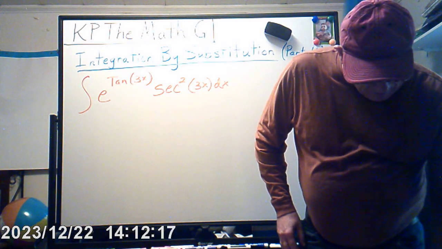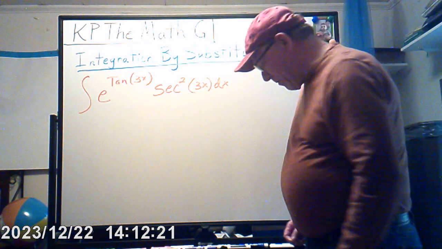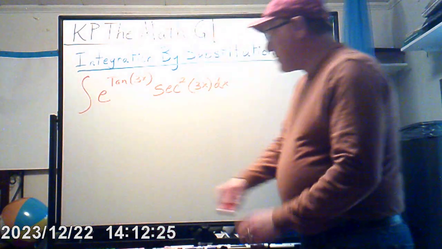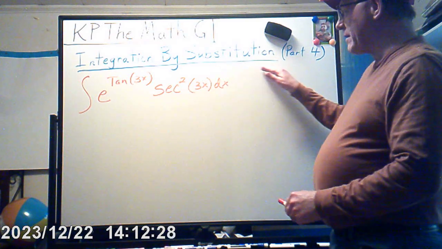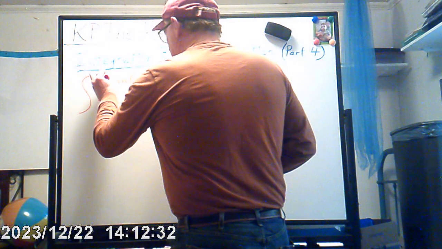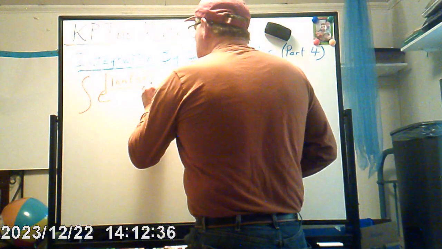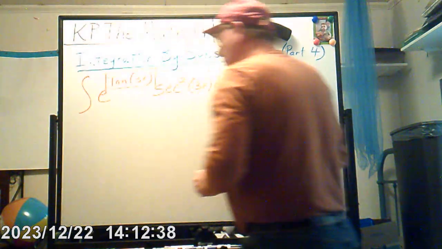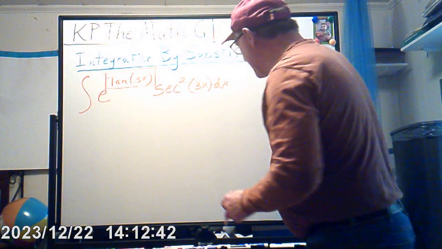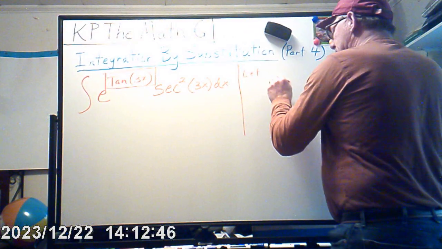I wrote this problem out from the last video, and I want to address this one now. Notice that we are integrating by substitution. Anytime you see pretty much e or something raised to some power like this, that is what I'm going to let u be.